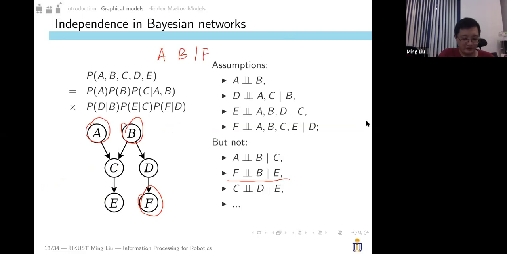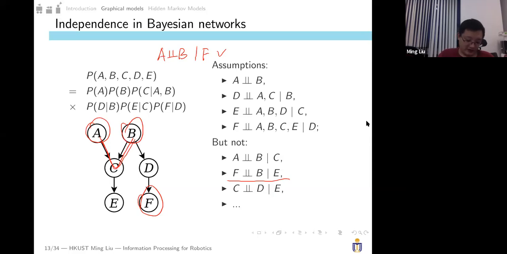Between A and B there is a path, and F is not on the path. F is not C, and F is not a descendant of C. So F d-separates A and B, so A and B are independent given F. This is true.